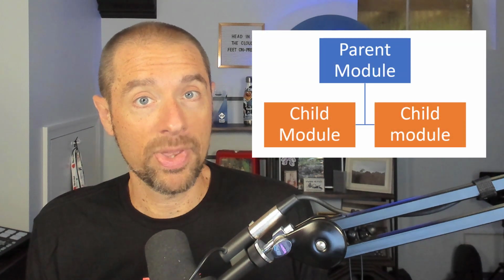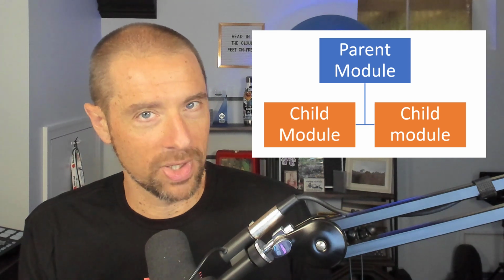And from those child modules, they have a relationship with a parent module, which is usually the root module. So just a little bit of terminology there so you know where I'm coming from. The variables that you create inside your root module is the way in which you get values into Terraform at runtime.